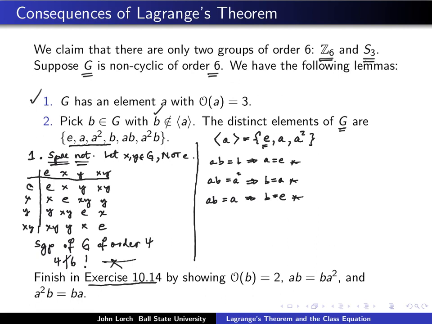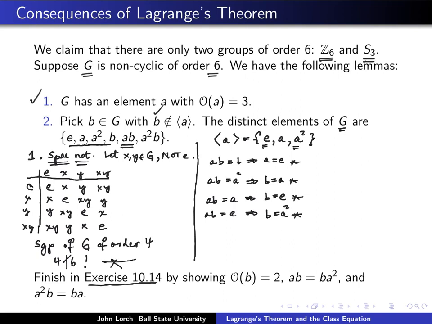And let's see, what else do we have? What if AB is equal to the identity? Well, that would say that B is equal to A squared. And again, B has been chosen not to be in that subgroup generated by A. So that shows that this element AB cannot be any of the prior things.